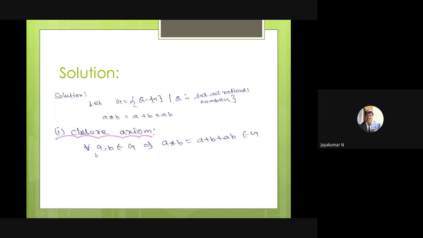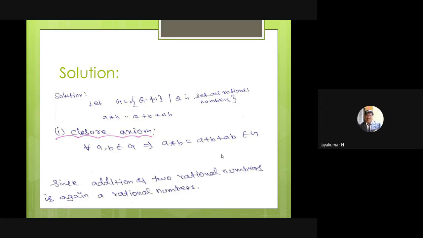Closure axiom. If you choose any two elements in G, then A star B, A plus B plus AB, belongs to G. Directly I can write it, but you have to give the reason. How do you say that A plus B plus AB is in G?